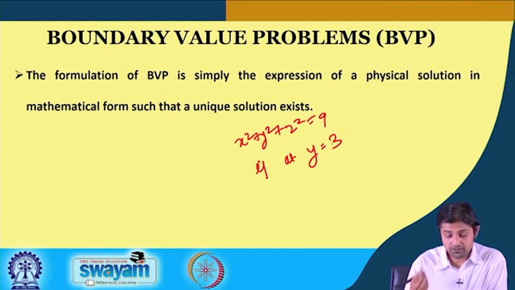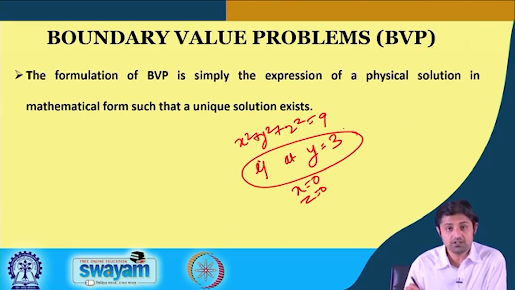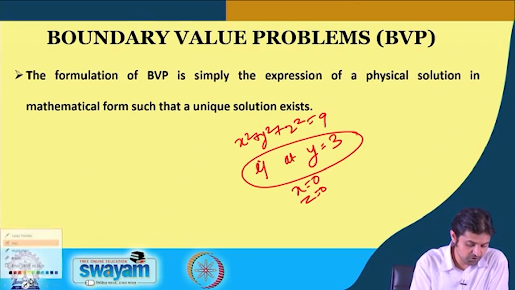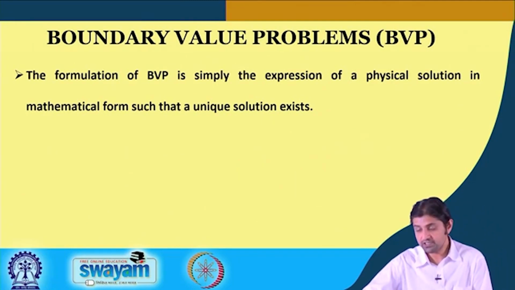Then it will have only one unique solution in terms of real numbers, x is equal to 0 and z is equal to 0. I mean, we cannot exactly say this is a boundary condition, but I am trying to give an analogy that because of this boundary value there will exist a unique solution for a mathematical formulation, otherwise there could be an infinite number of solutions. All right.